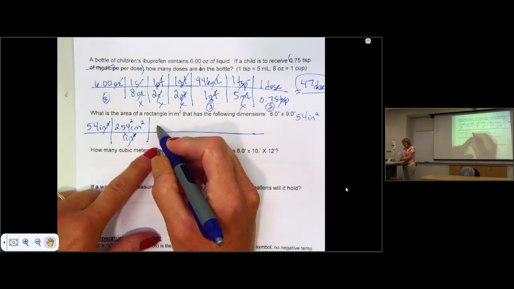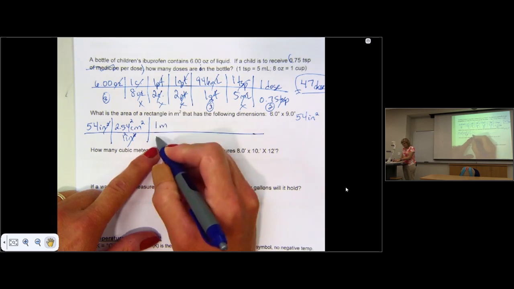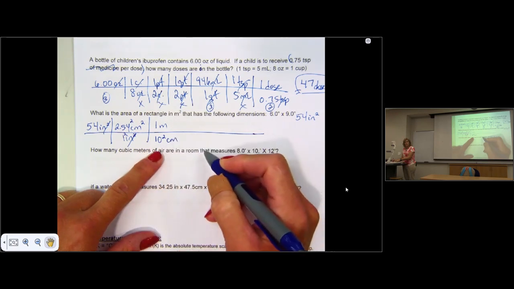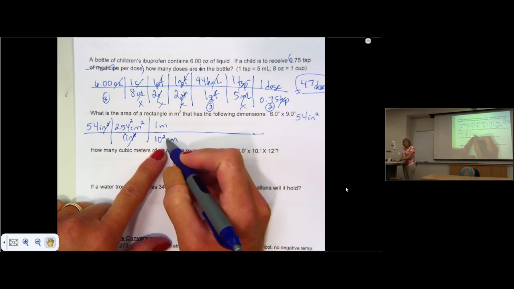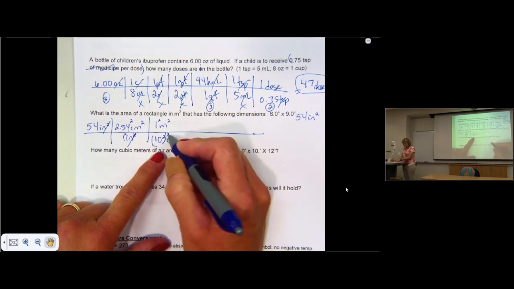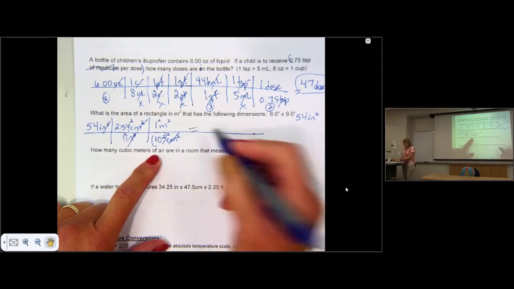So what goes on top? 1 meter, what goes on bottom? 10 to the second centimeter. Yes or no? Then what do we do to all of this? Square it. So that means 10 squared squared, centimeters squared. Our centimeters squared cancel and we are in meters squared.